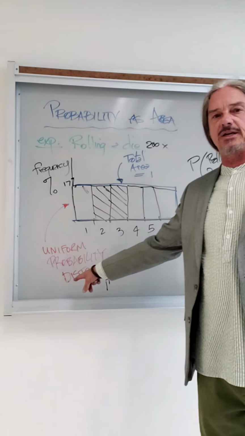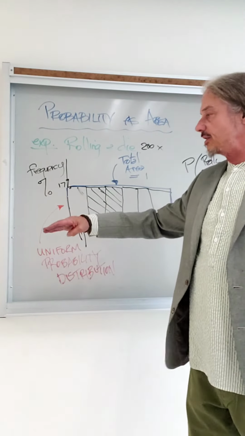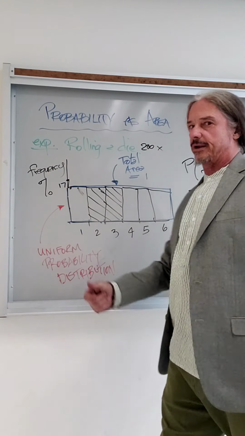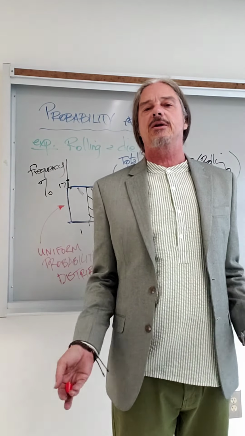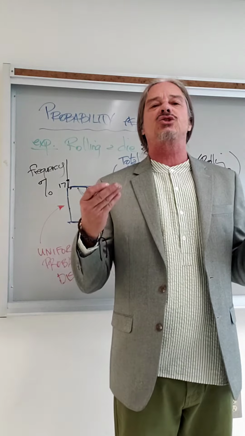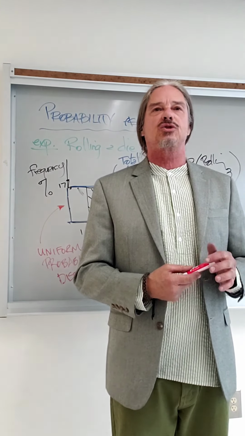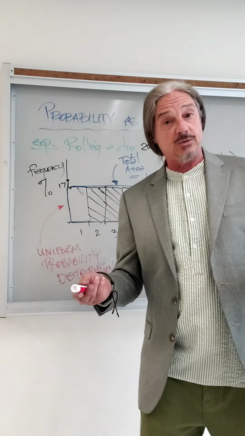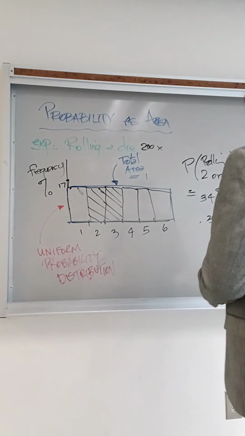Uniform probability distribution, because everything has the same probability of happening. If we did one for flipping a coin, the probability distribution for heads or tails would also be uniform. And guess what? It would add up to 1.